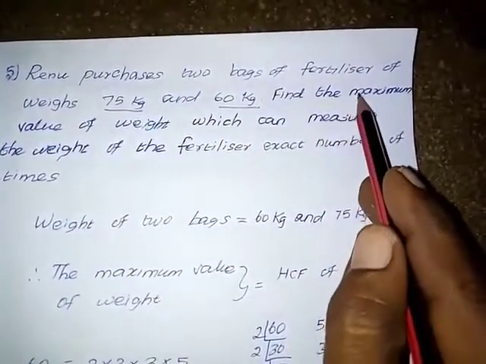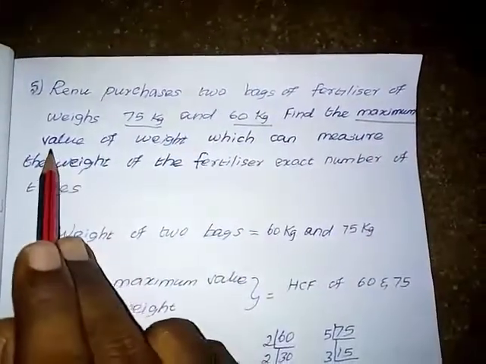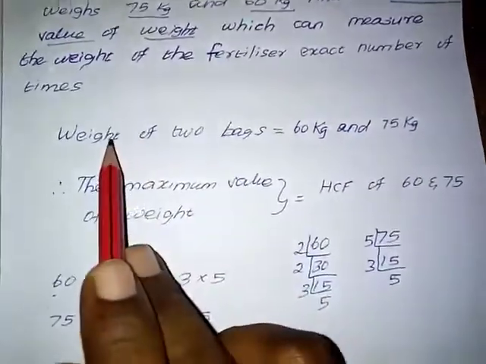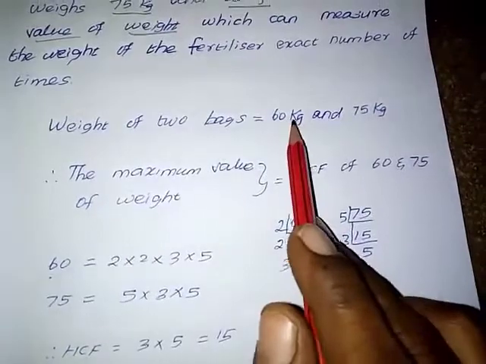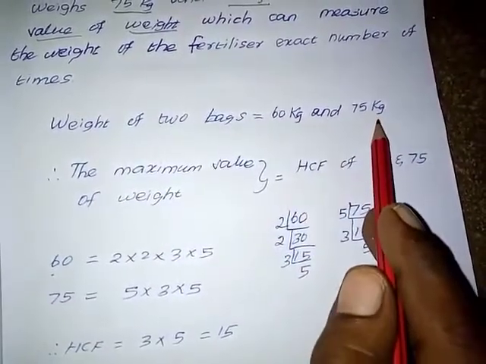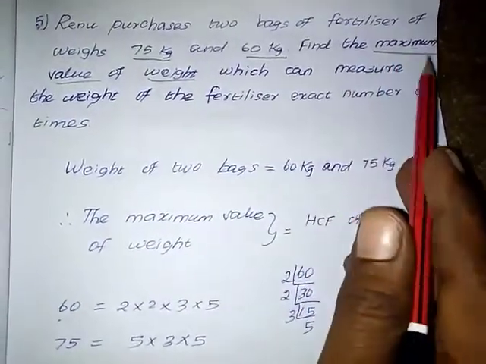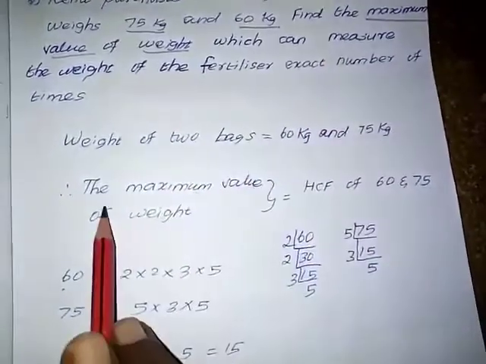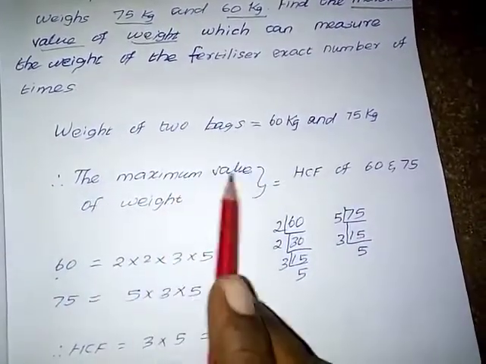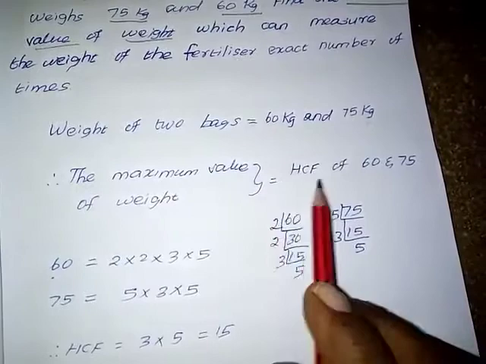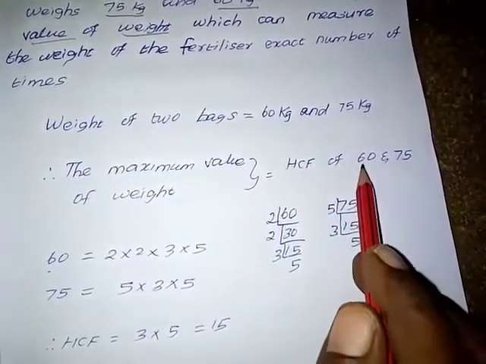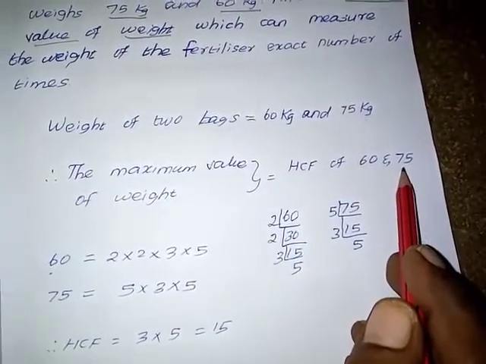We have to find the maximum value of the weight. Now the solution. Weight of 2 bags: 60 kg and 75 kg. So the maximum value of weight is equal to the HCF of 60 and 75.